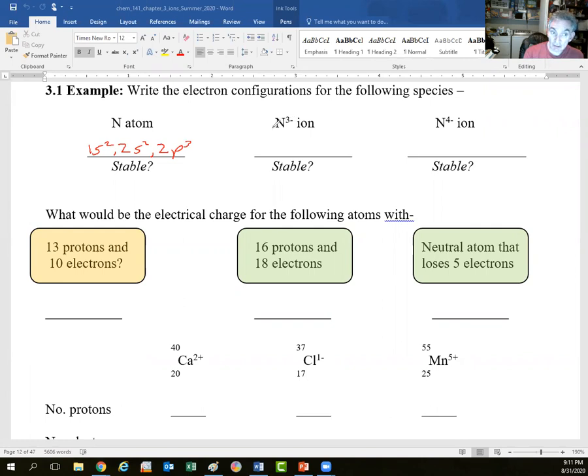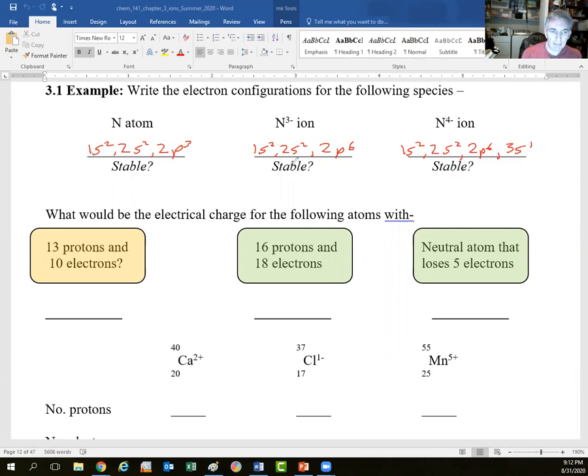Nitride ion we've been talking about, 3 minus. That'd be 1s2, 2s2, 2p6 with those extra free electrons. And finally nitrogen, 4 minus, 1s2, 2s2, 2p6 because 6 electrons completes that subshell, and 3s1.